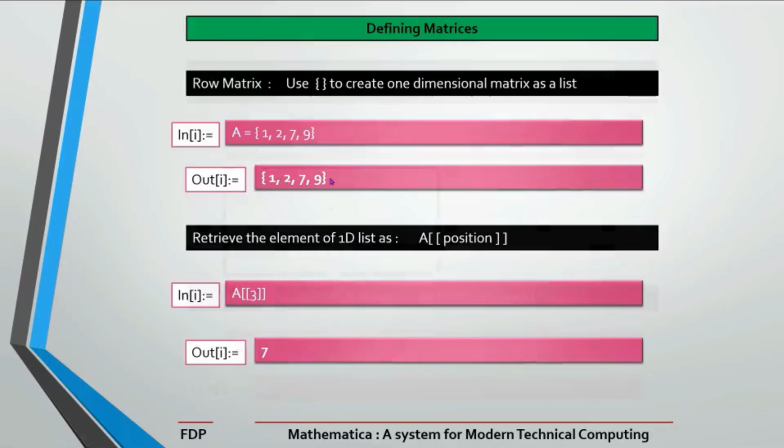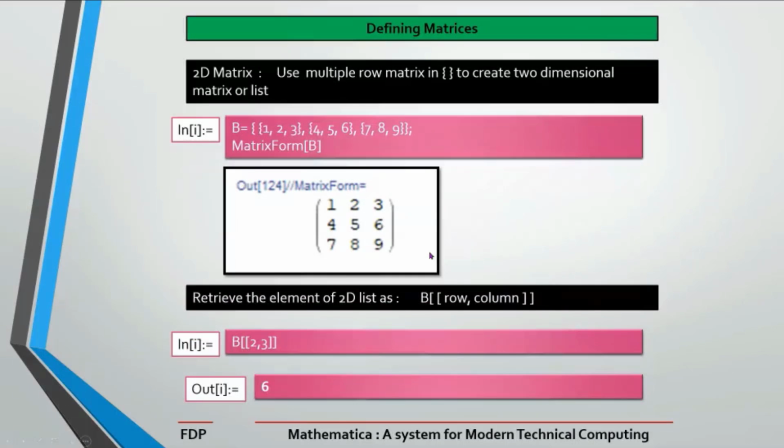But if you want to come out with the standard form of a matrix, right? Like we write a matrix in the normal way in mathematics. That is our notation, that you have to put some brackets and then put elements at particular positions. So that is our matrix form, right? The name is MatrixForm, M capital F capital, and you can put the name of the matrix as the input in the square brackets, right?